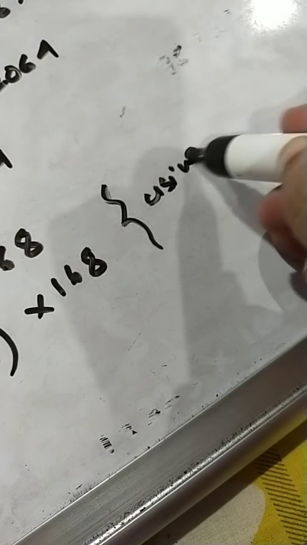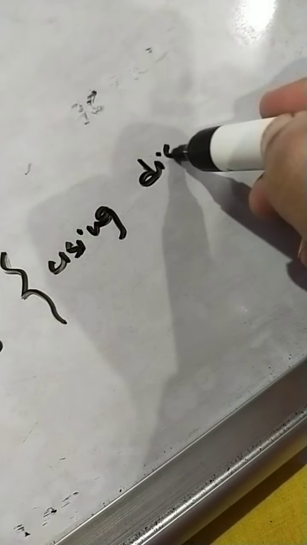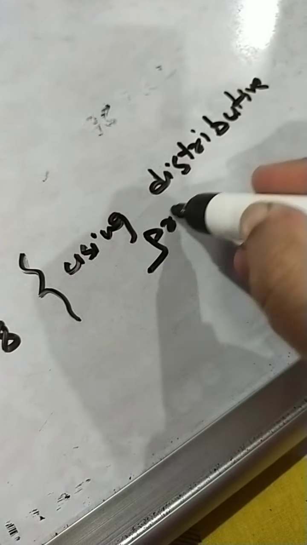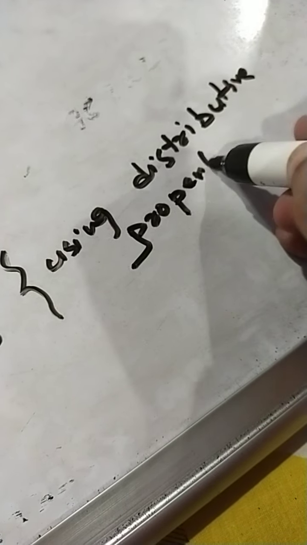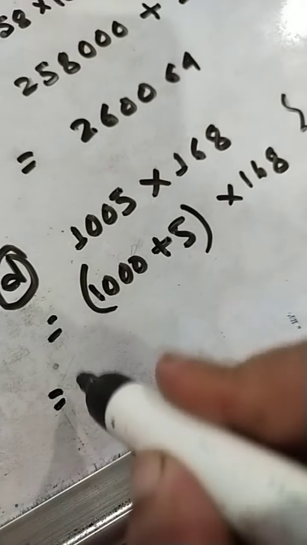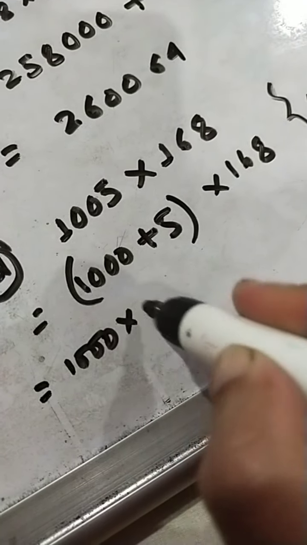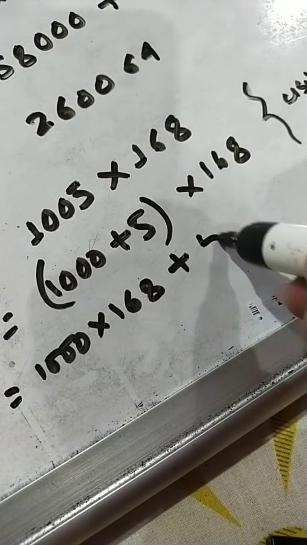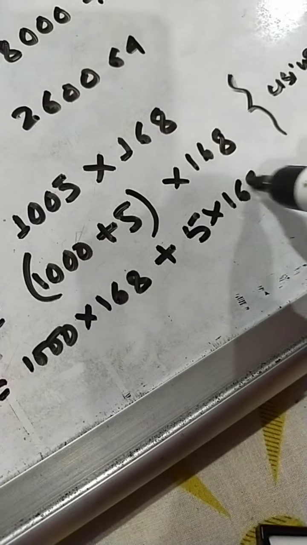Again you will write using distributive property. Now multiply 1000 with this 168: 1000 into 168 plus, as the plus sign is here, 5 into 168.